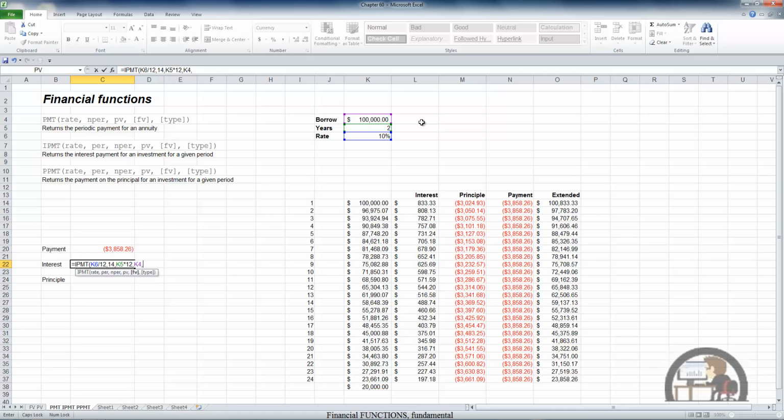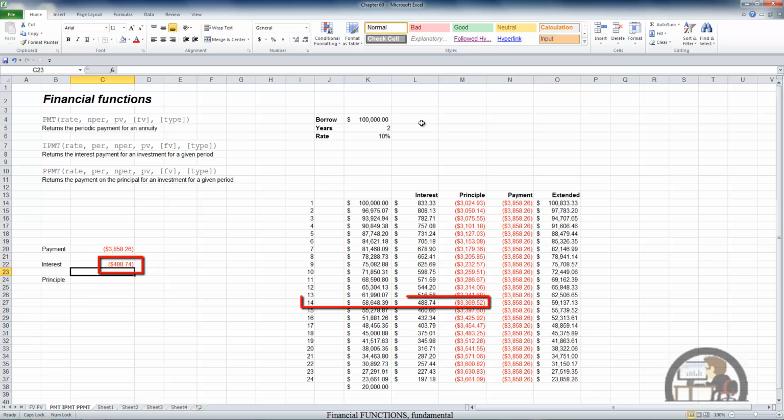The future value is that balloon payment, negative $20,000, and the type is, once again, when the payment will occur at the end of the period or the beginning of the period, and it's at the end. Enter. And for the 14th payment, the IPMT function returns an interest amount of $488.74.